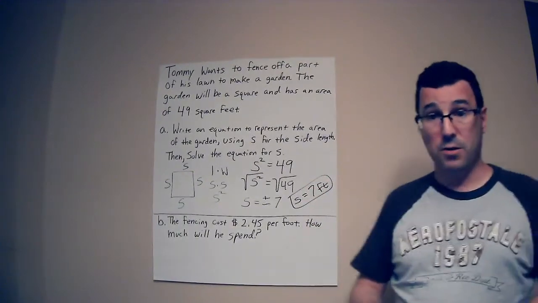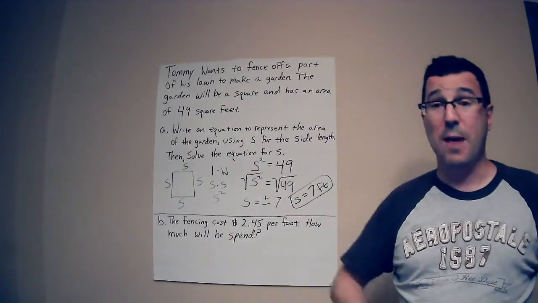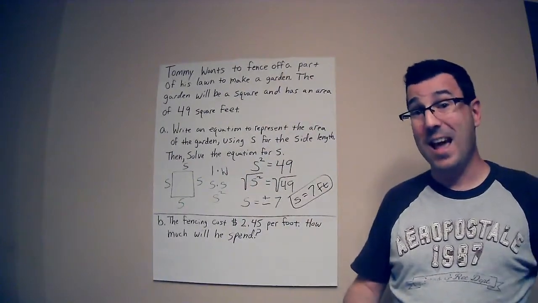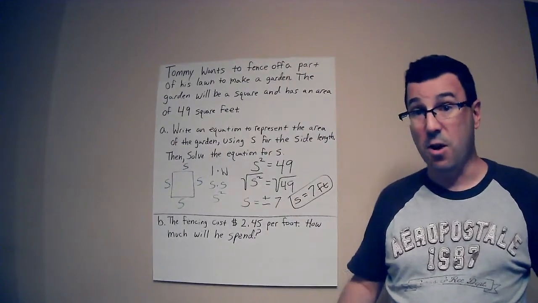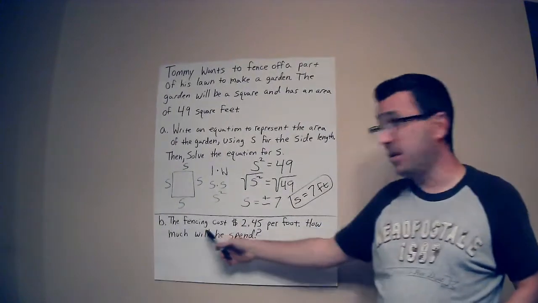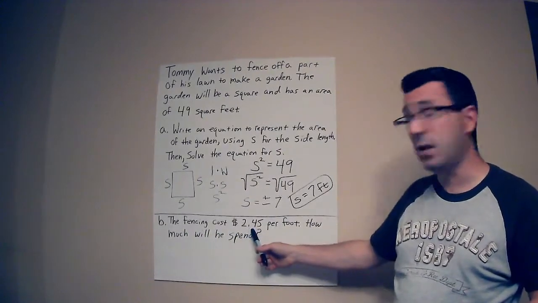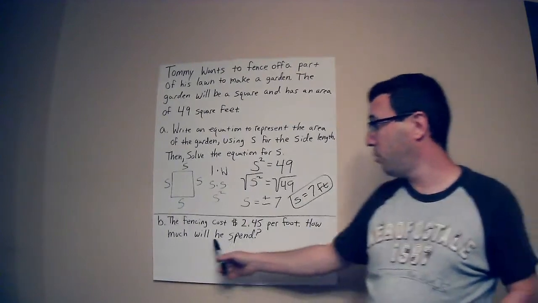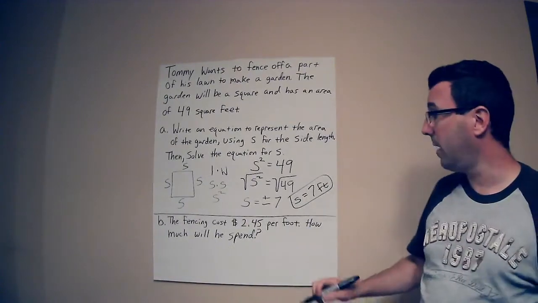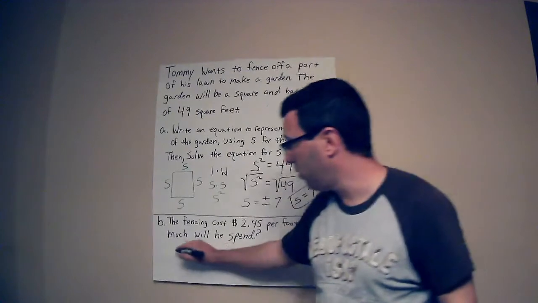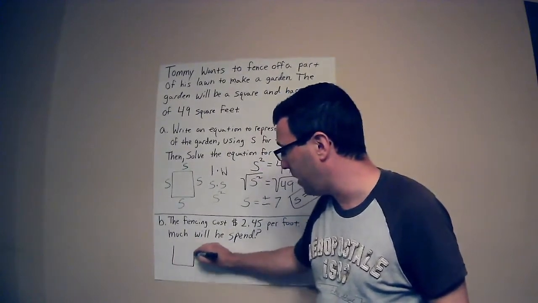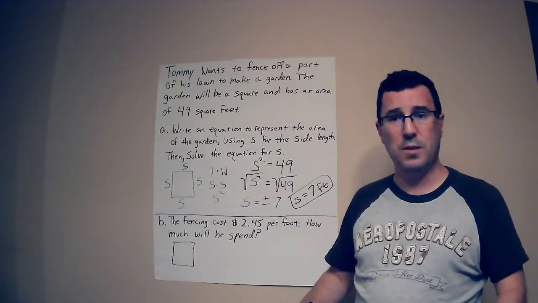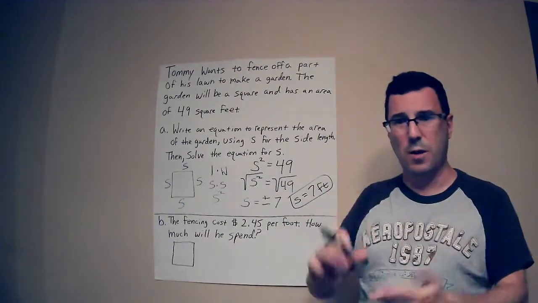The second part of this question, and this is usually what happens. They usually ask you to find out what's the length of the sides, and then they ask, how much is it going to cost? So the fencing costs $2.45 per foot. How much will he spend? Okay. So again, let's draw our square. It's always a good idea to draw some type of visual representation so you can see what's going on.